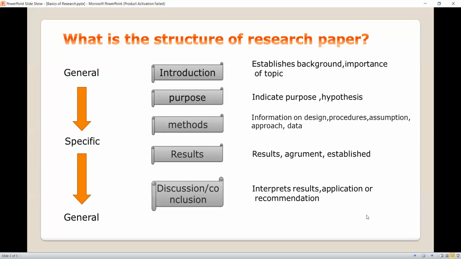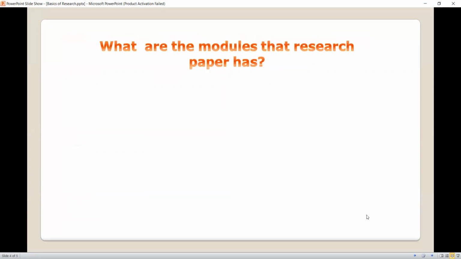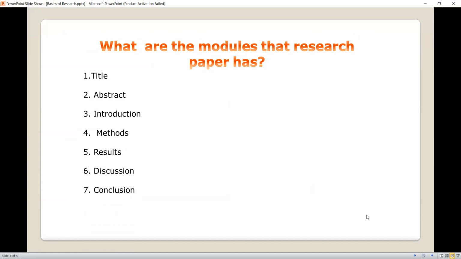And then come to the third question, what are the modules that the research paper has? There are 9 modules in the research paper. The first one is the title, and then abstract, introduction, methods, results, discussion, conclusion, acknowledgement, and references.